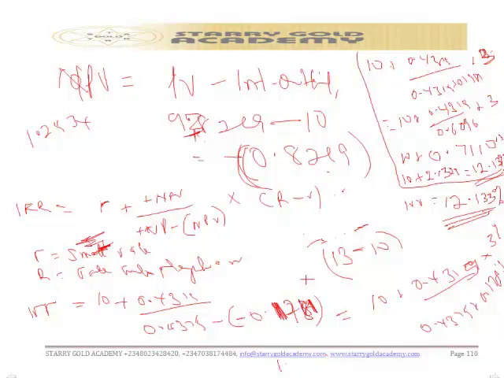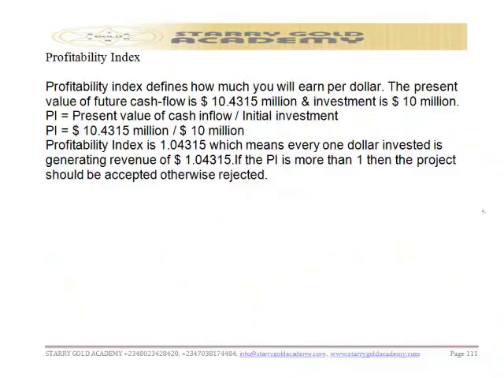And the last technique we want to do here is what we call the profitability index. Profitability index defines how much you will earn per dollar. The present value of the cash flow is 10.4315 million, and the investment is 10 million.